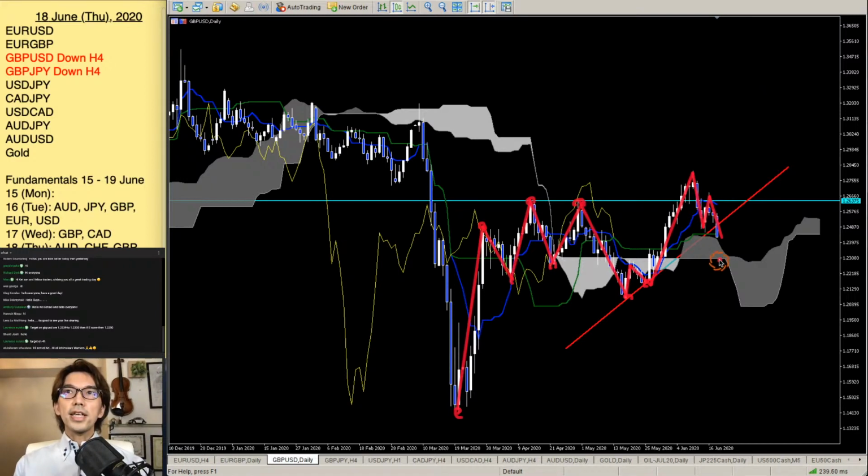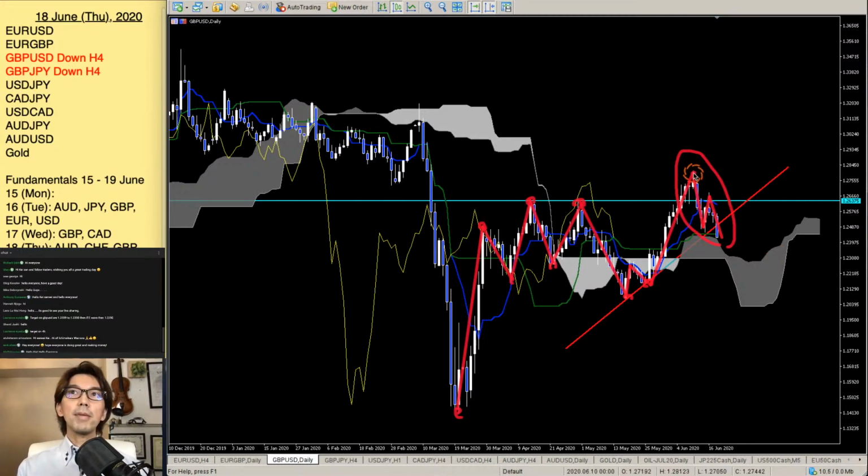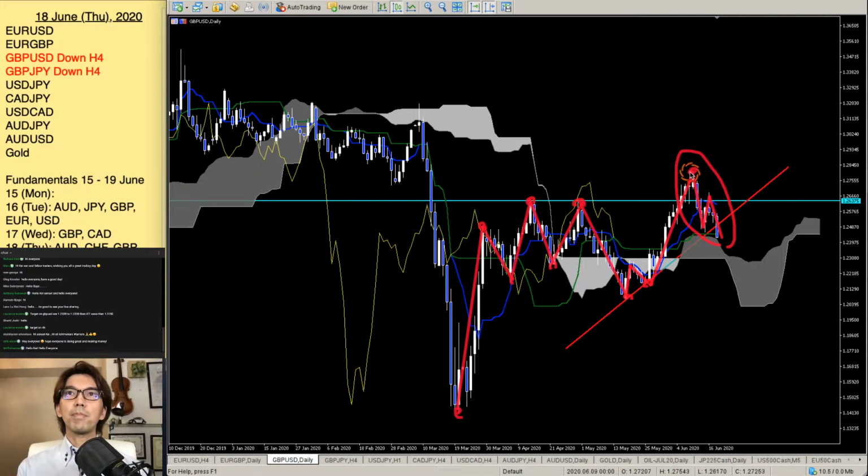So right now we can say that this is the reverse N wave at the moment, simply by identifying these swing highs and swing lows and connecting these dots. This is how you can capture the wave analysis.